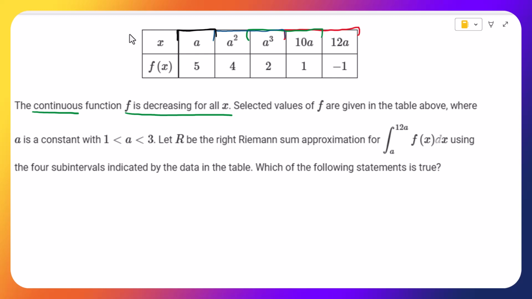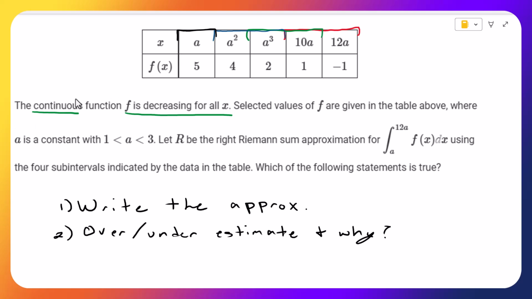That is what the answer choices are saying. The answer choices are having you write the Riemann sum and say if it's an overestimate or underestimate. So if you can do that without the answer choices, which you'd have to do this anyway, then we'll get the correct answer. Okay.